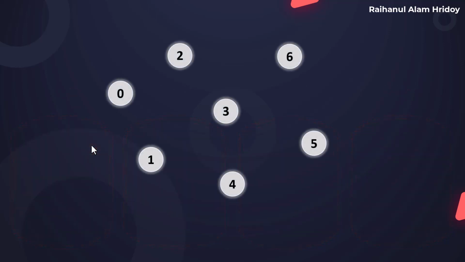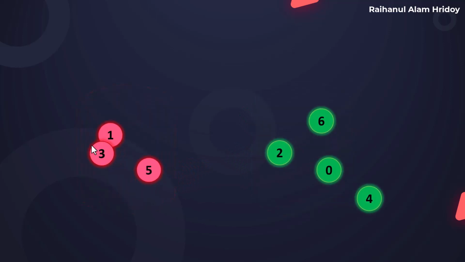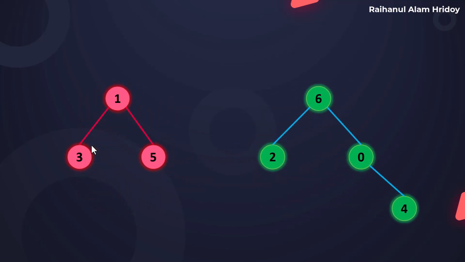Here, suppose the balls are all of the same color, but they are marked from 0 to 6. We want to distinguish even and odd groups. So our final result will look like this. As union find algorithm is a graph algorithm, we can visualize our even and odd groups as a tree.